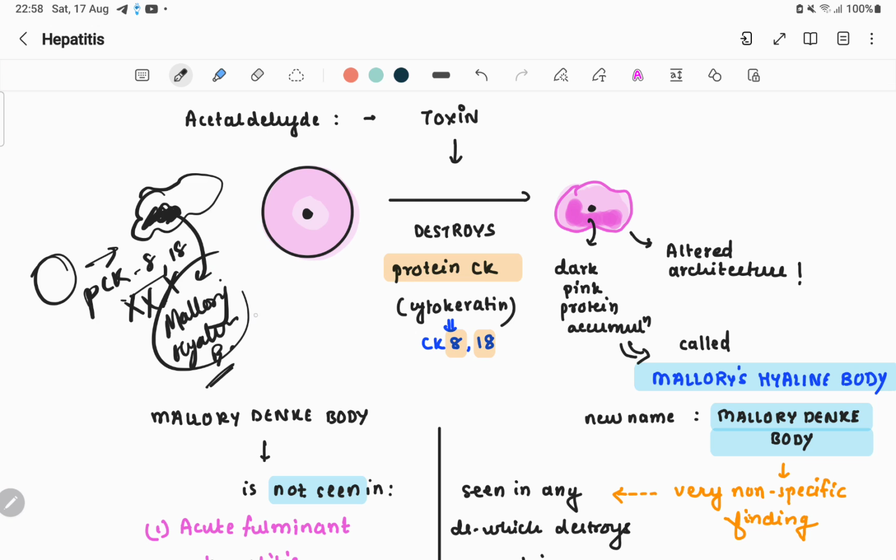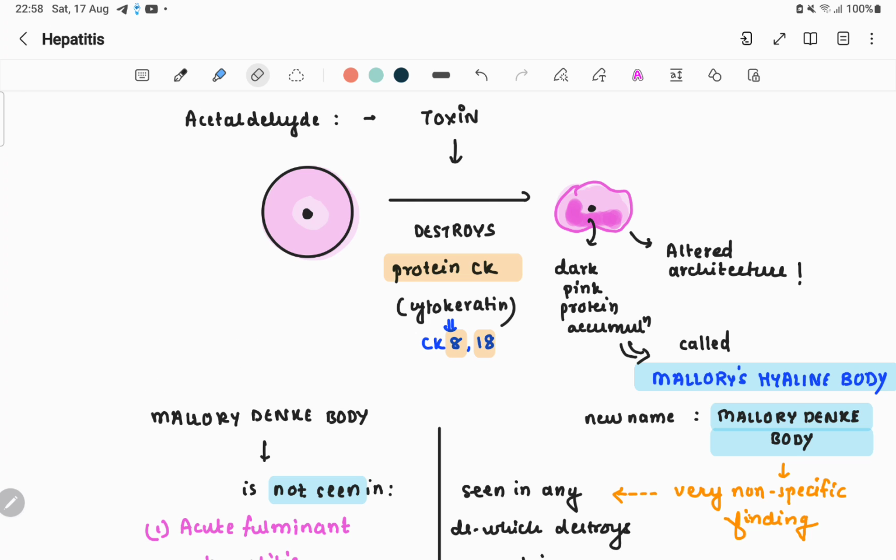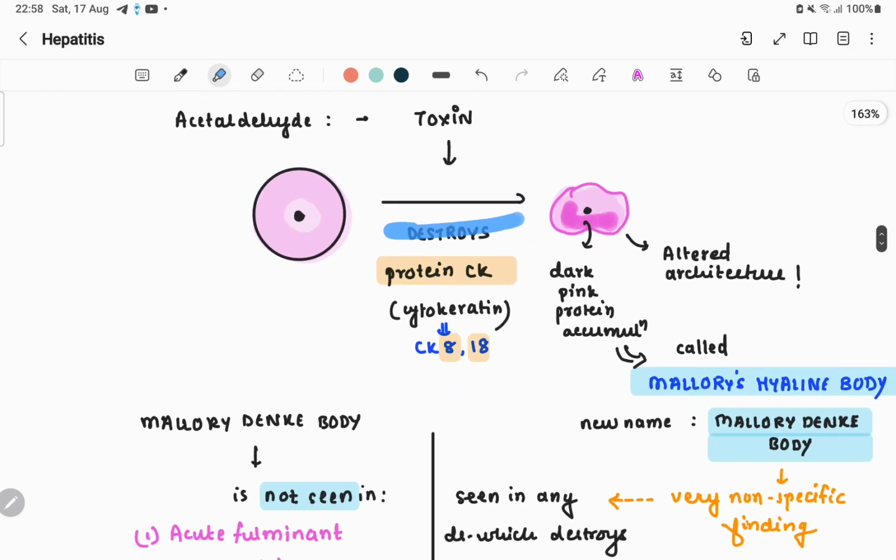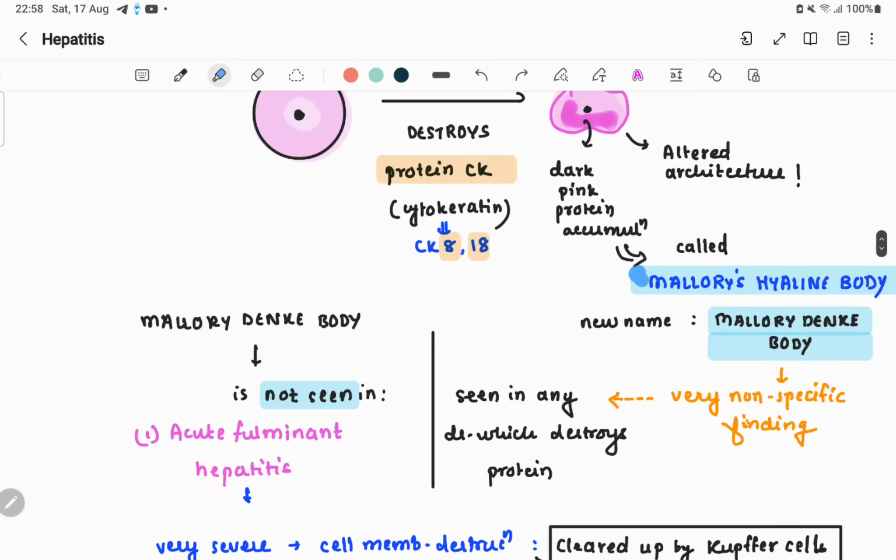And here the Mallory-Hyaline bodies, in the new literature, are called the Mallory-Denke bodies. It is a non-specific finding, but you have to know this. Okay, so we talked about this, that it destroys the protein CK, cytokeratin 8 and 18, due to which there is an altered architecture and dark pink protein accumulation over here, and this is called the Mallory-Hyaline body.